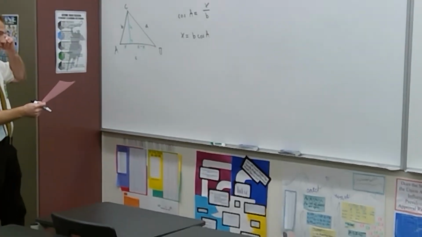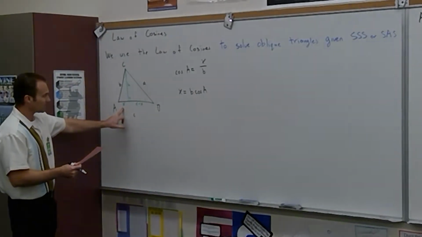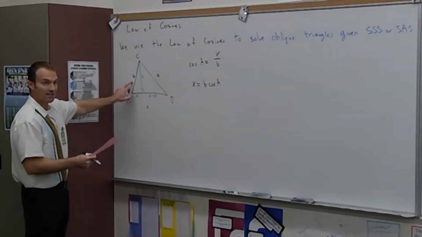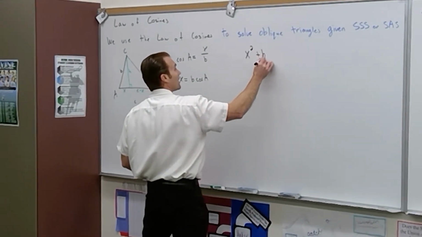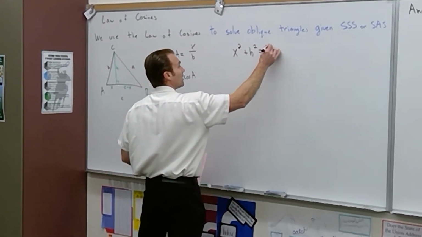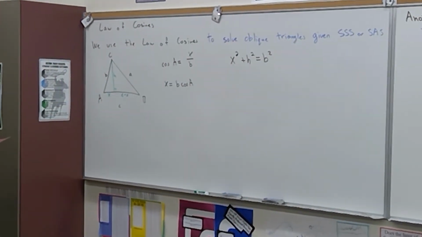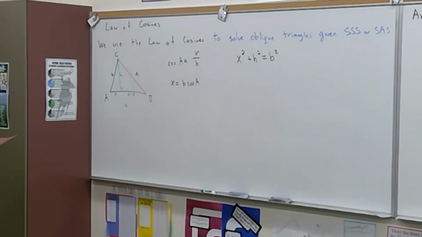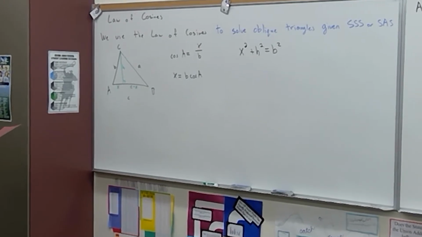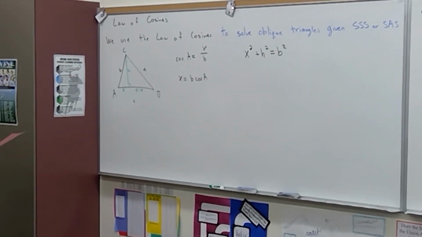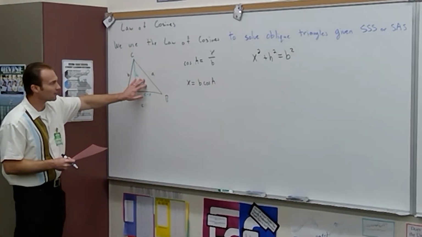Next, we can use some Pythagorean theorem, and we could say that x squared plus h squared has to equal b squared. Before I do more with that, let's do the same Pythagorean theorem on the other triangle over here.